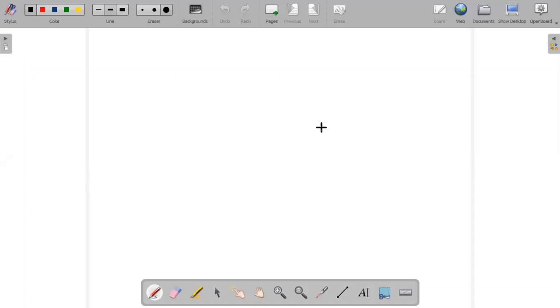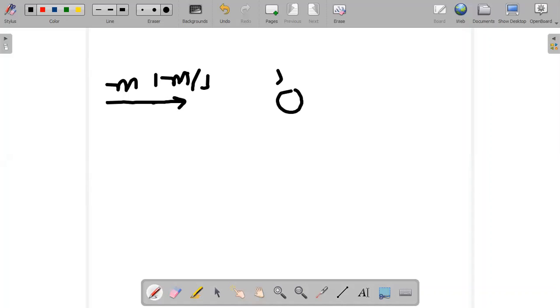We have an object which is moving in, let's say, this direction, the x direction, whose mass is given as m and it is moving with a velocity of 1 meter per second. Now another mass whose mass is given as 2m and it is at rest.